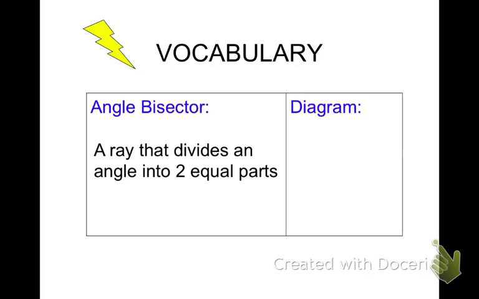So if we make a diagram over here, make a fairly large angle. If I was going to have a ray that bisects it, meaning it's going to split it into 2 equal parts, try to shoot a ray out through the middle, and then to show that it is bisecting, I'm going to put a congruent arc on the top, I'm going to put a congruent arc on the bottom.